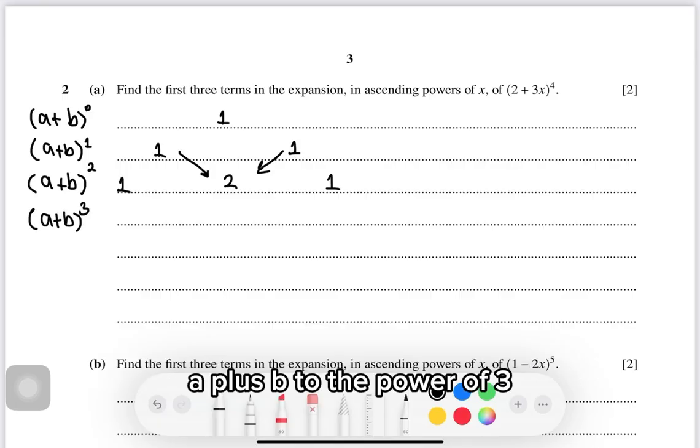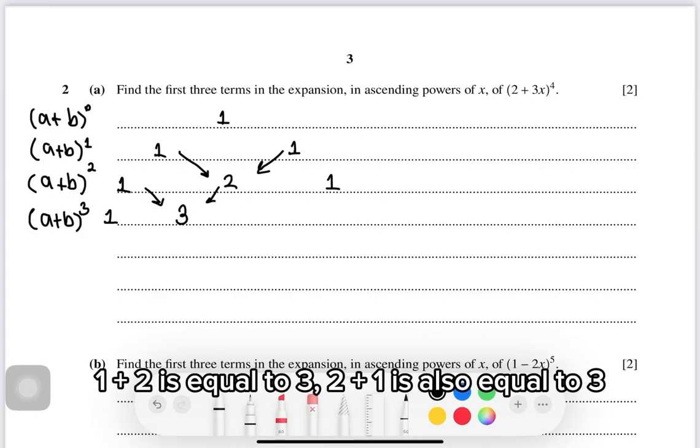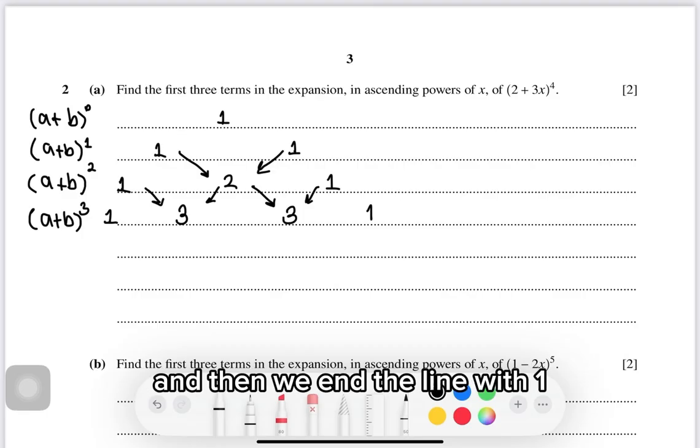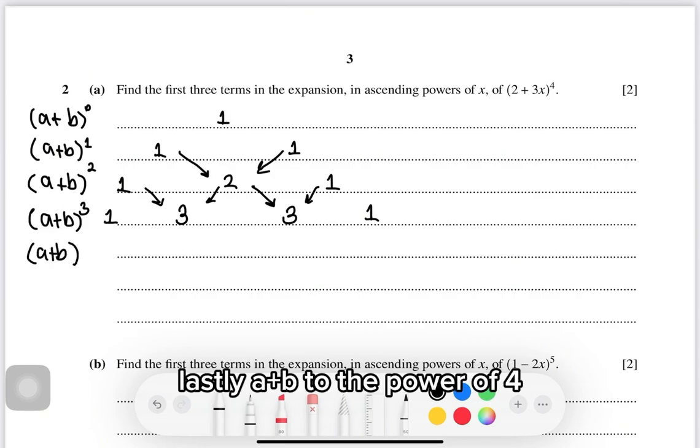(a + b) to the power of 3. This is 1. 1 plus 2 is equal to 3. 2 plus 1 is also equal to 3. And then we end the line with 1. Lastly, (a + b) to the power of 4.